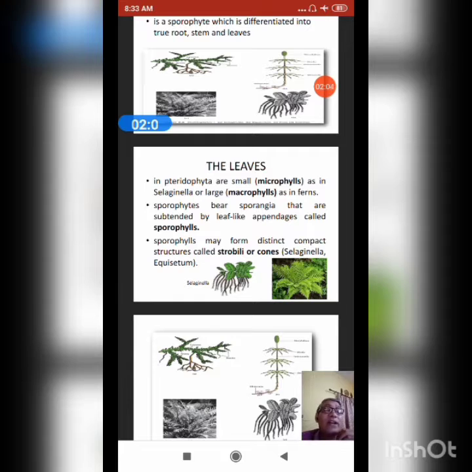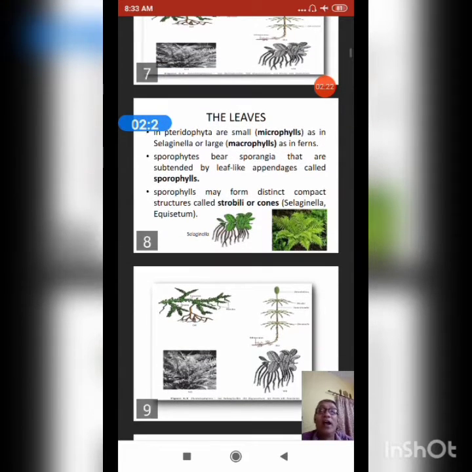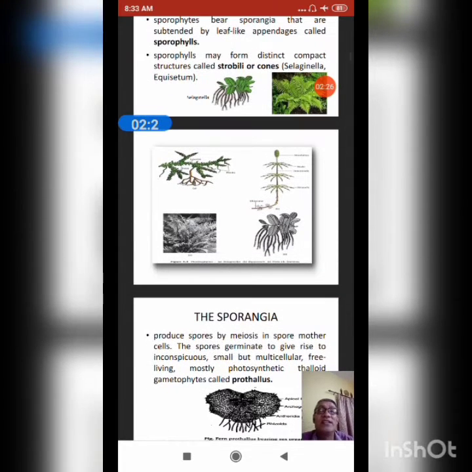The sporophytes bear the sporangia that are subtended by leaf-like appendages, called sporophylls. The sporophylls may form distinct compact structures called strobili or cones. You could see it in Selaginella and Equisetum, both pictures you are seeing. See this pictorial representation of pteridophytes.